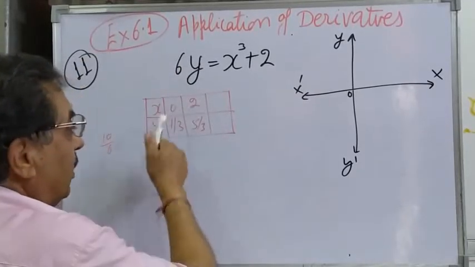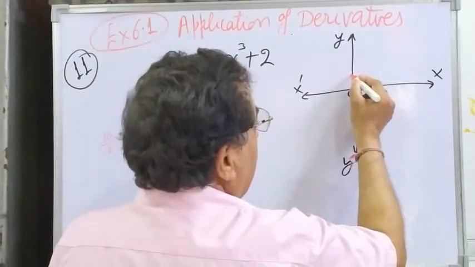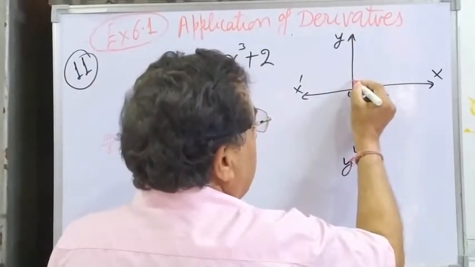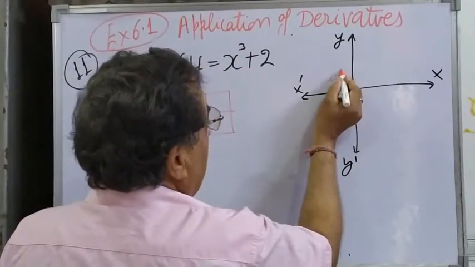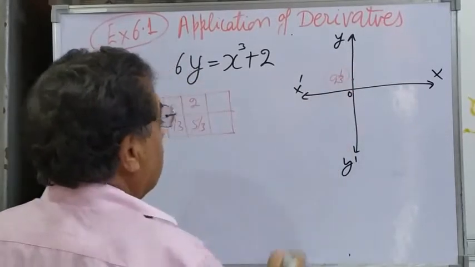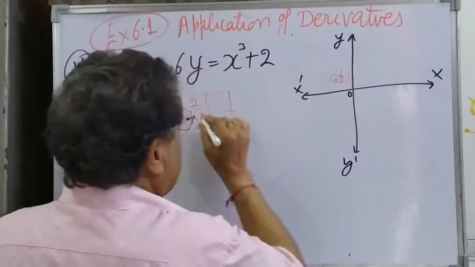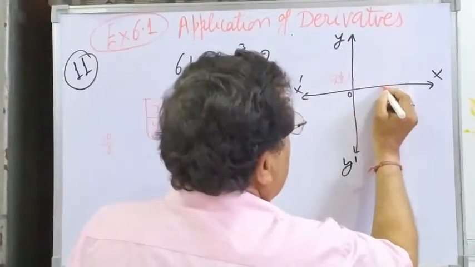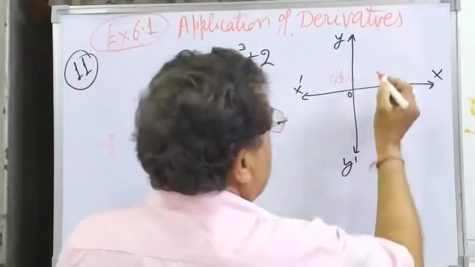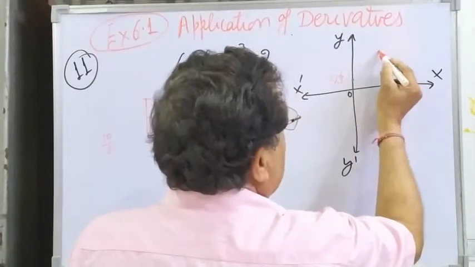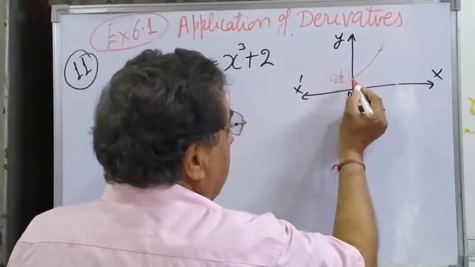If I try to draw the graph, at x 0, y is 1 by 3, somewhere here. This is the point 0, 1 by 3. Then when I take x as 2, we get 5 by 3, somewhere right here. So this is about the graph I am getting.